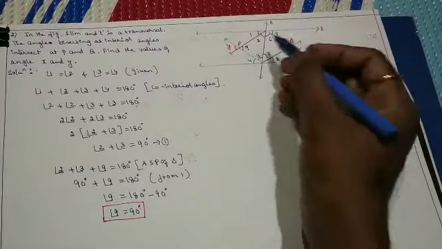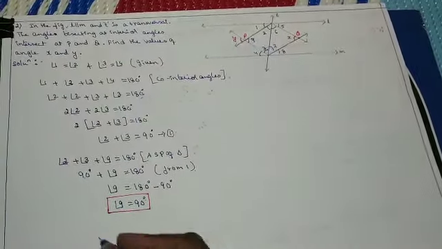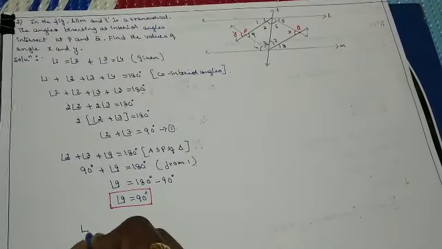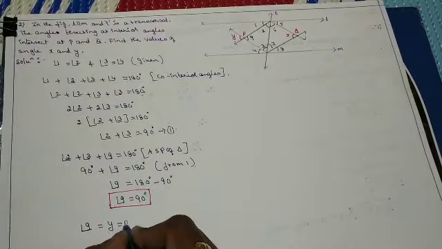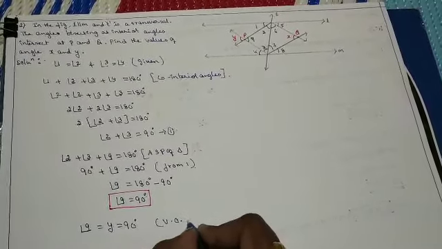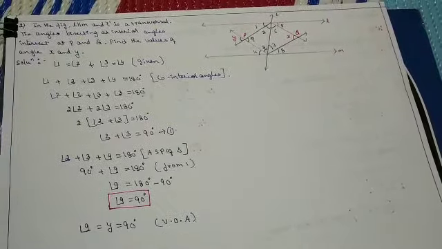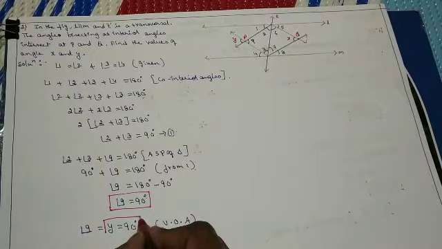So this angle 9 is related with y vertically, therefore angle 9 is equal to y equal to 90 degree. Reason: vertical opposite angle with respect to angle 9. So now we got the y value.